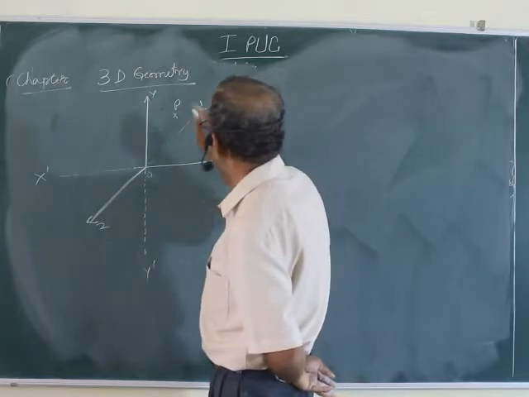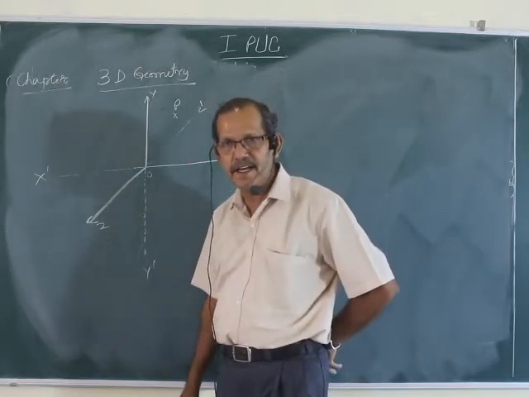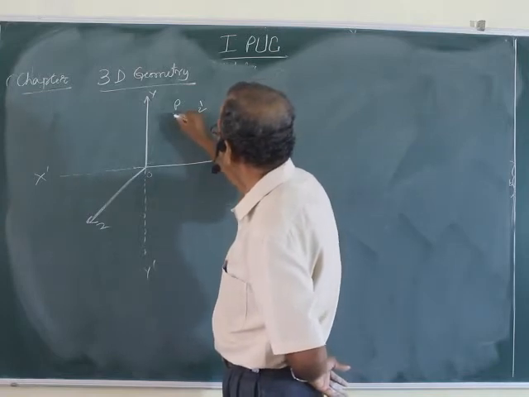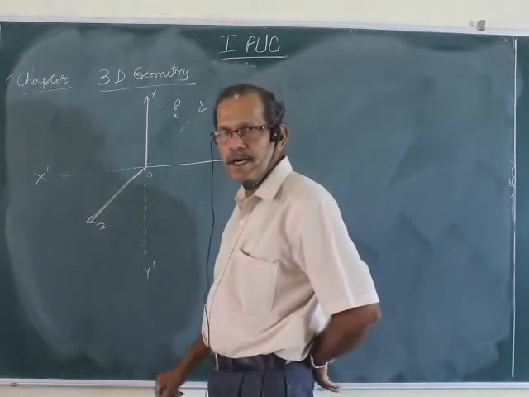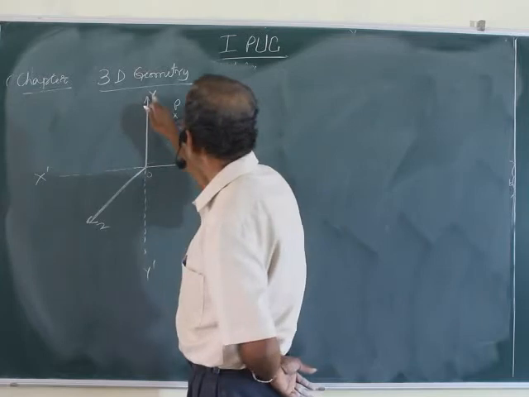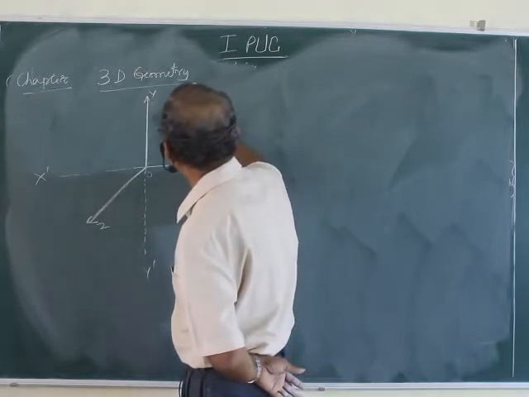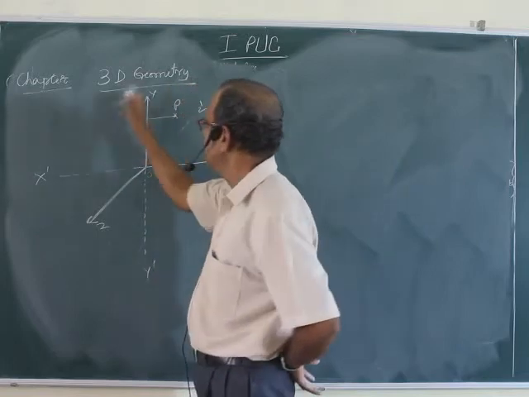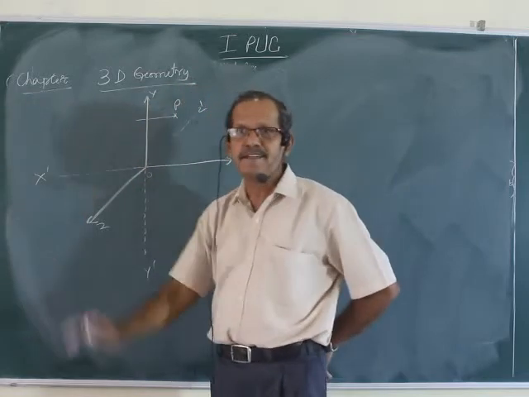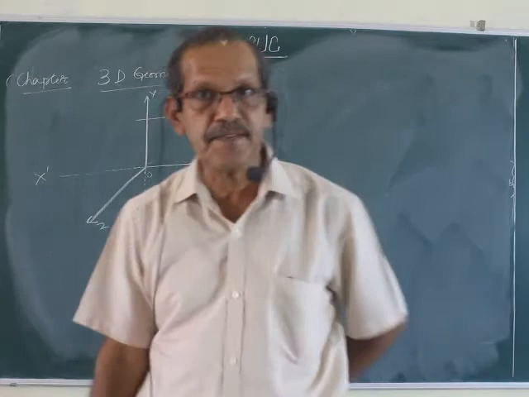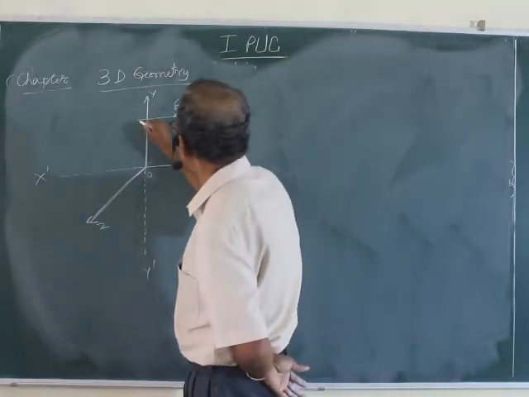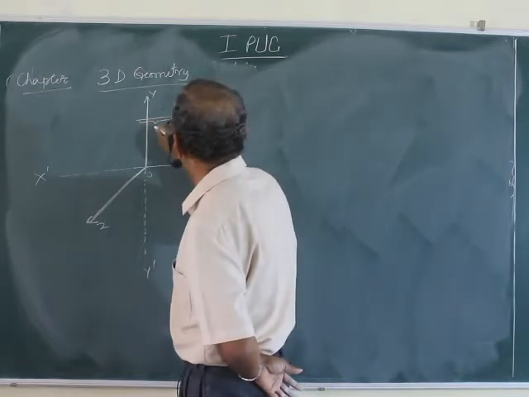Consider any point. Now draw carefully. Which is the x coordinate? Distance of the point from the YZ plane. So this distance. I must not stop there in the axis because it should be considered as the plane. That is why I told you it is very difficult to draw the figure. This is the x coordinate.